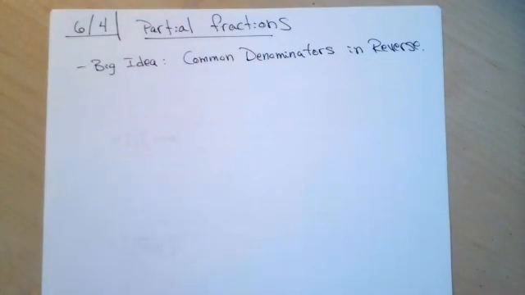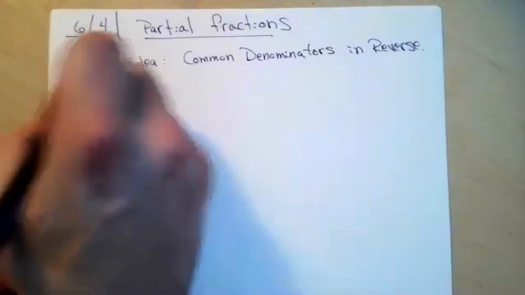Right, you're Calc 2 students now, so you remember if I'm adding rational expressions, the way we would typically add rational expressions, we find common denominators and add them together. Now what we want to do is usually we'll have rational expressions we want to integrate.